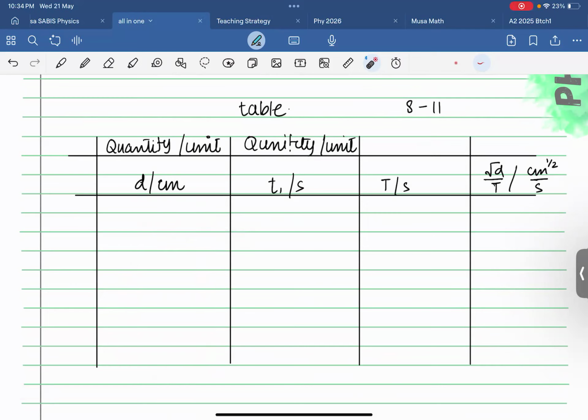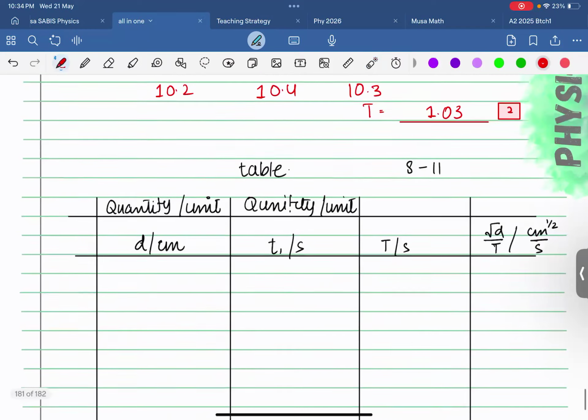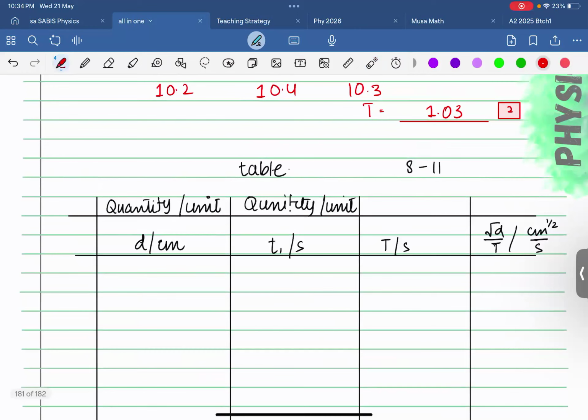The general rule is, whatever range is provided, you have to take 75% or 80% as your range. So let's say I have a pendulum of length 75 centimeter.